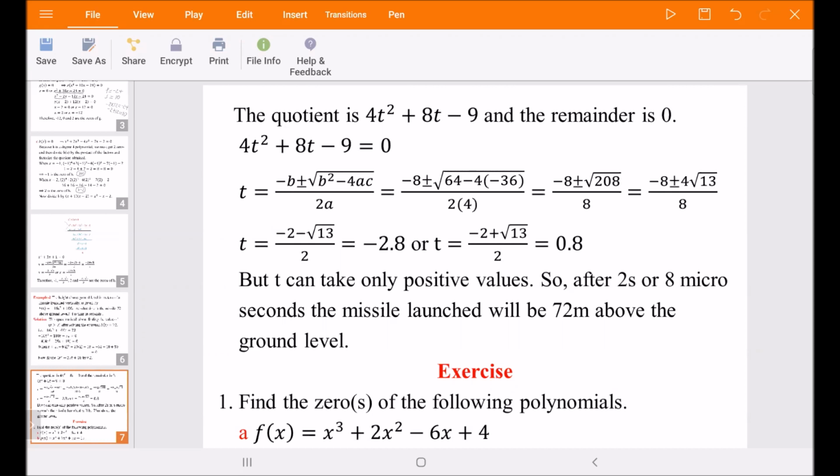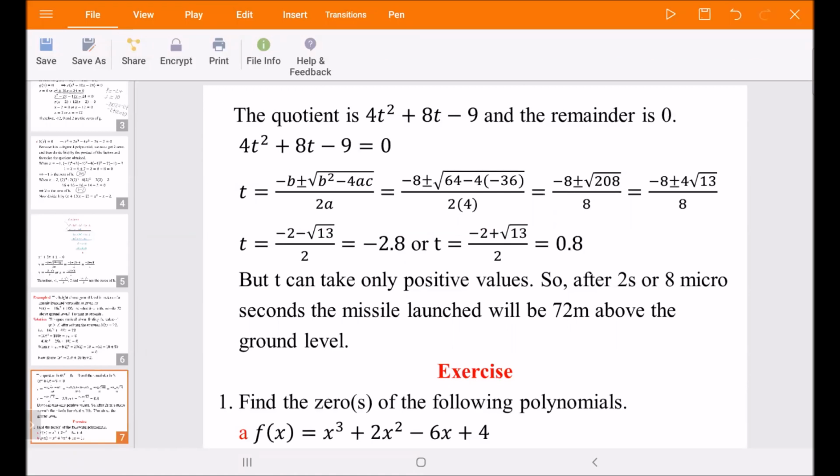The irrational zeros of a quadratic equation can be obtained using the general quadratic formula. So a is 4, b is 8, c is minus 9. In the general quadratic formula, minus b plus or minus the square root of b squared minus 4ac over 2a, we substitute a by 4, b by 8, and c by minus 9.